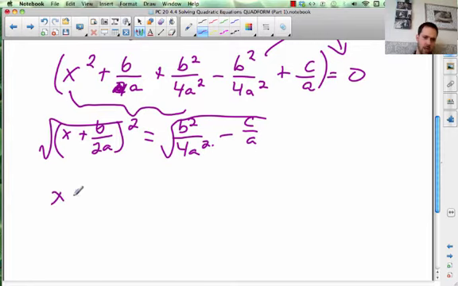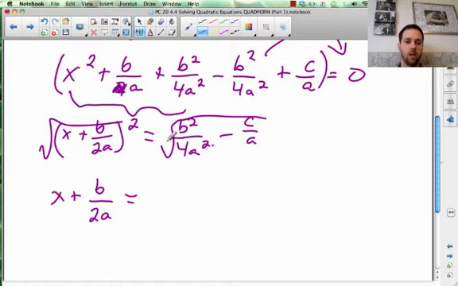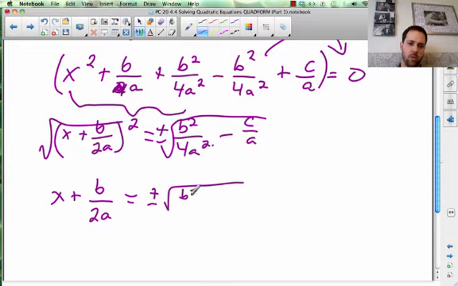So x plus b over 2a equals, okay, now let's remember that when we take the square root of this thing, we're going to get the plus and minus version. And now we have this equals plus or minus square root of b squared over 4a squared minus c over a. This whole thing is rooted.